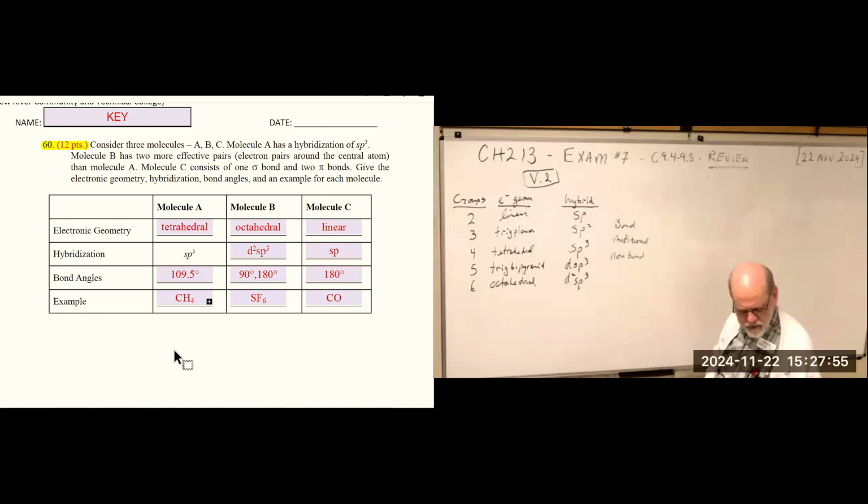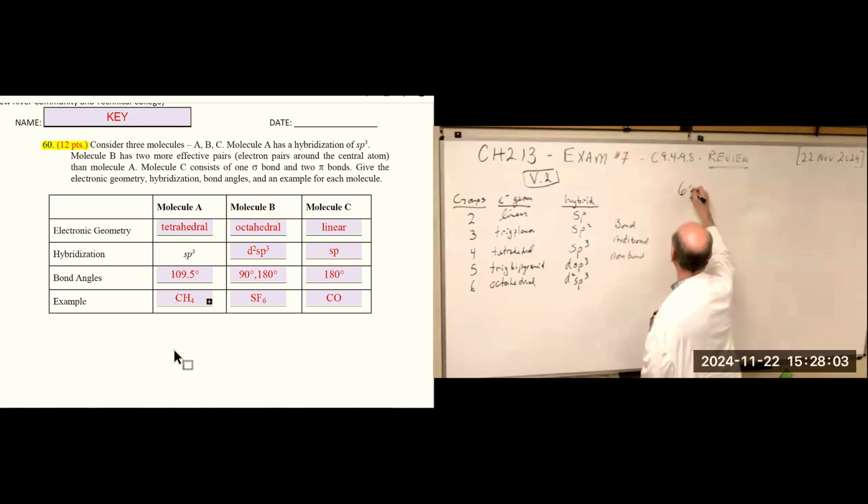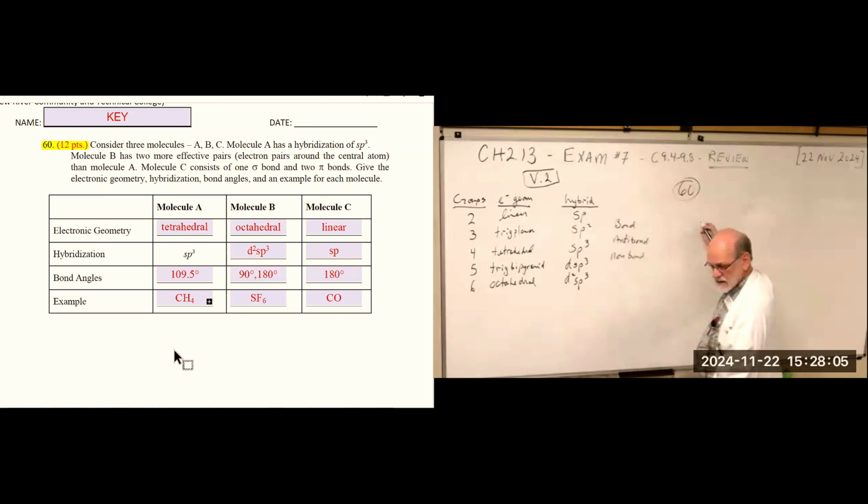1, 2, 3, 4 across and 1, 2, 3, 4, 5 down. Let's see, we got 60. And we got electronic geometry, hybridization, and bond angle, and examples.